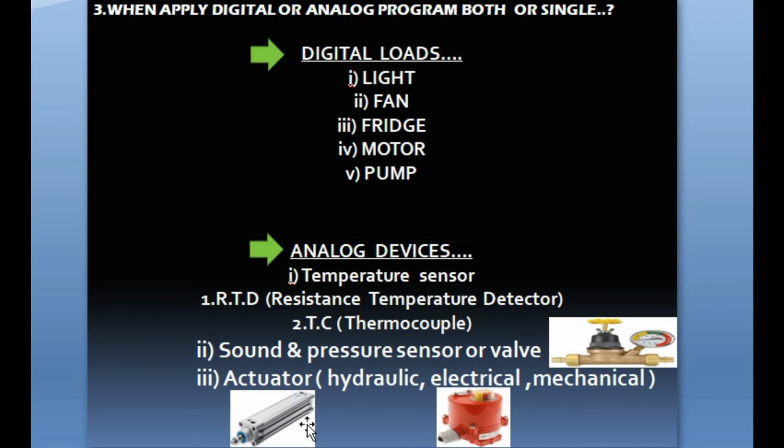This is the actuator. An actuator is needed for any kind of analog device, and there are many kinds of actuators in our practical field here: hydraulic, mechanical, this is the pneumatic type of actuator, and this is the electrical actuator. So the actuator is very important in our practical life.